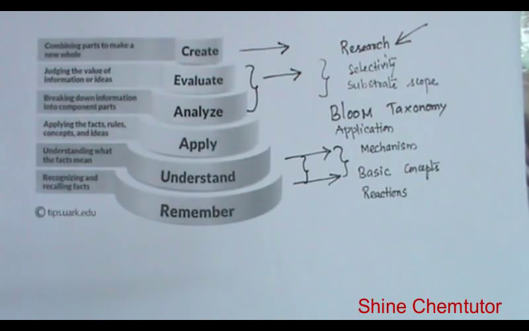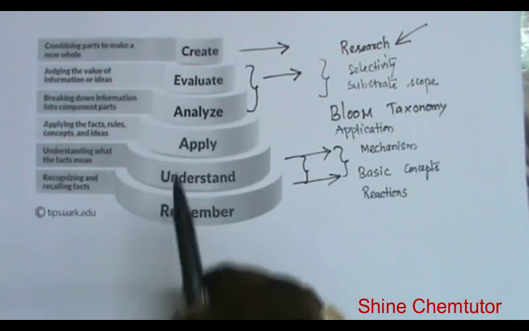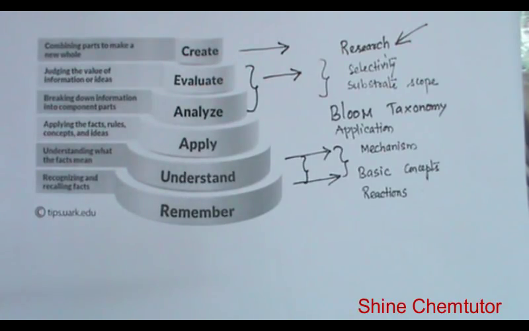What is the reason? It is very simple. We don't get the opportunity to go to the higher level. The curriculum is like that. They focus only on memorizing things, or the faculty teach only remembrance and understanding.